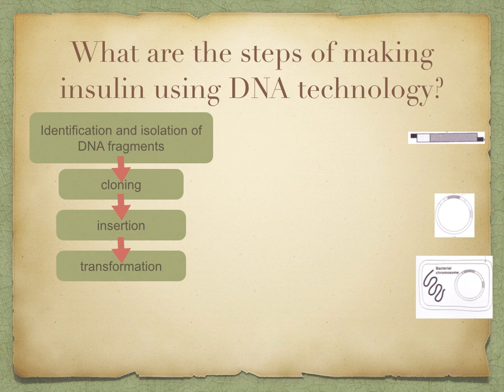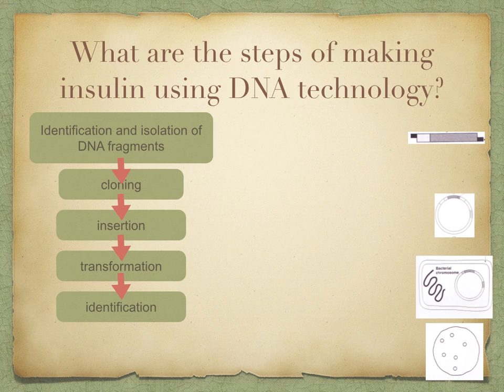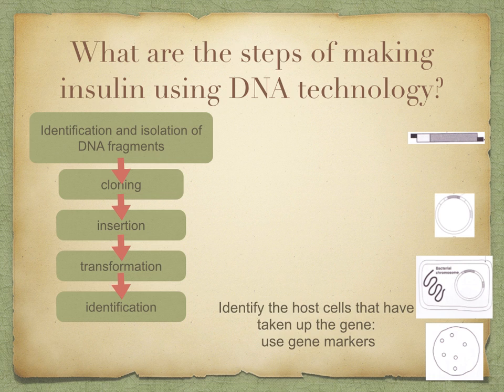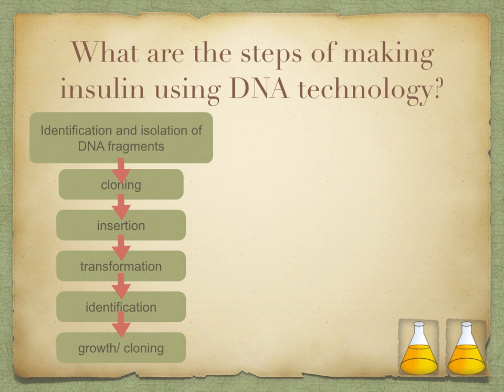And then transformation is the transfer of the DNA into suitable host cells. We then need to identify the host cells that have successfully taken up the genes, and we use gene markers to do this. And finally, you grow up the population of host cells to produce your protein.